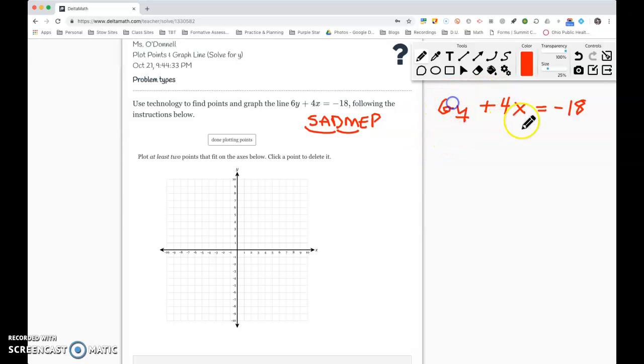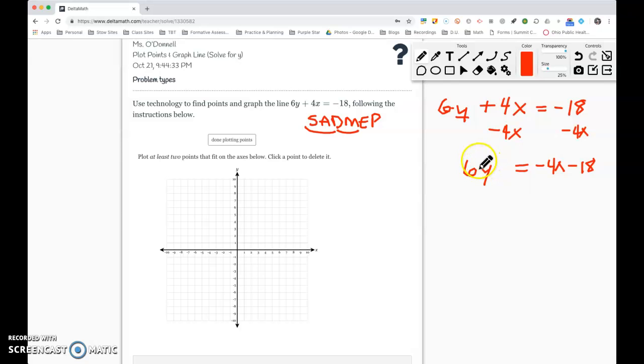First I'm going to get rid of this added term of 4x by doing the opposite, which is subtracting. If I do it to one side of the equal sign, I must do it to both sides. 4x minus 4x is 0, and 6y plus 0 is just 6y. I'm left with negative 4x minus 18, or plus a negative 18.